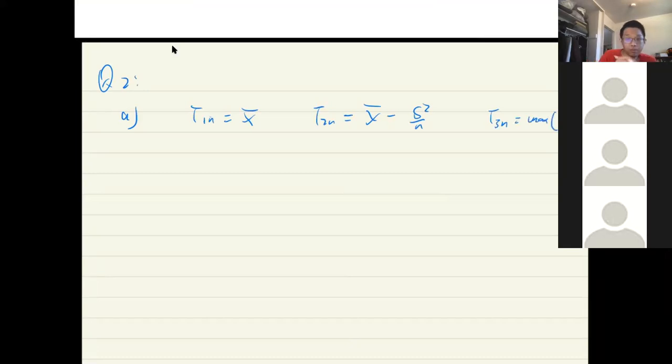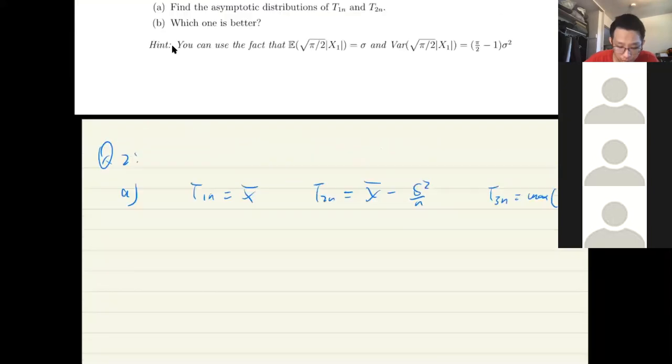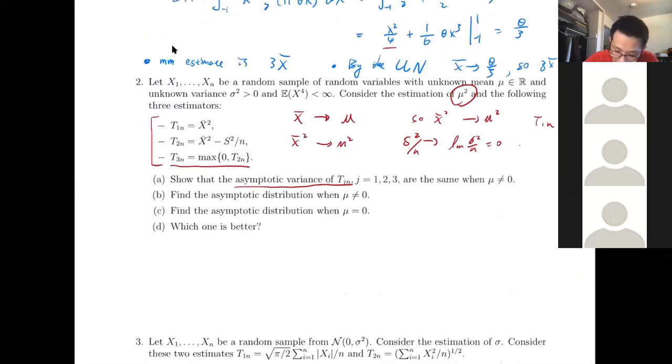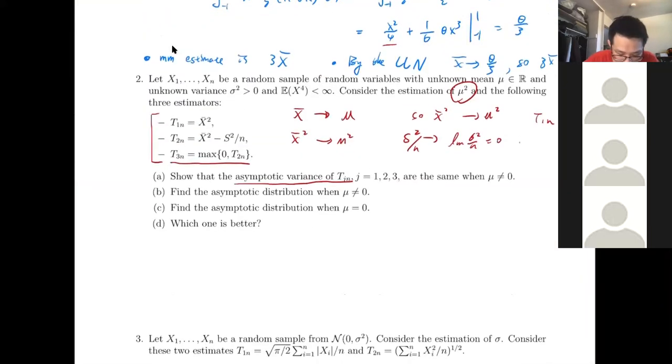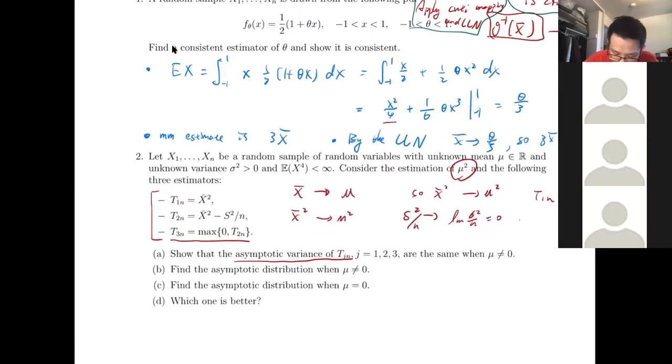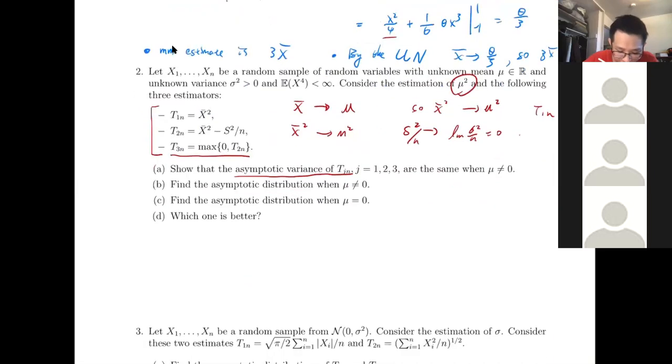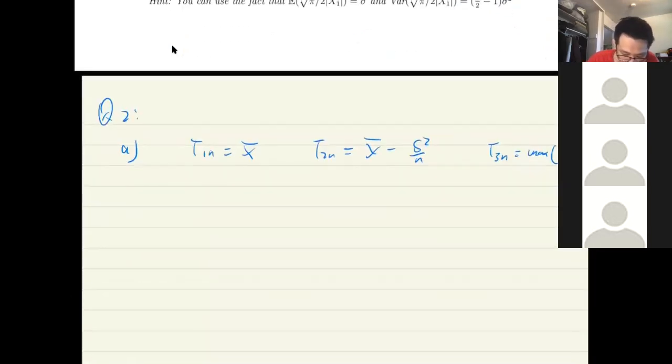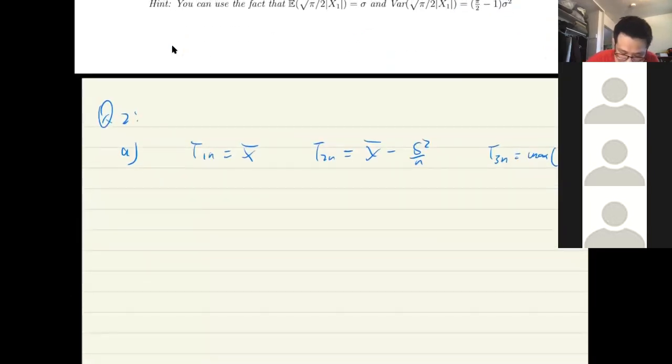Plus. No, it was when you wrote the expectation of X bar squared is equal to variance of X bar. Oh, okay. Yeah, that's plus. Thank you. So now we have these three. I want to show that the asymptotic variance is the same. Sorry, this square is plus square.